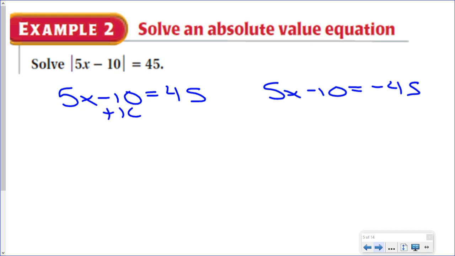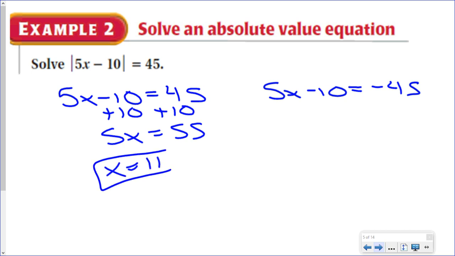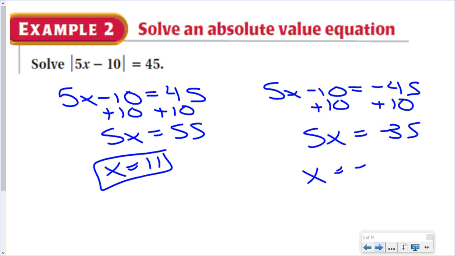Solving this for x. And I got my two answers. X equals 11 and x equals negative 7.